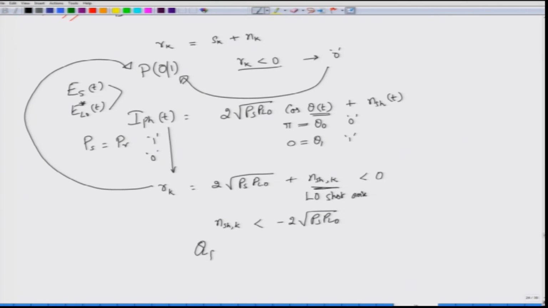The Q factor for the PSK system, for the BPSK system, can be defined by looking at I1 minus I0 by sigma 0 plus sigma 1, and we know that I0 will be equal to minus I1.